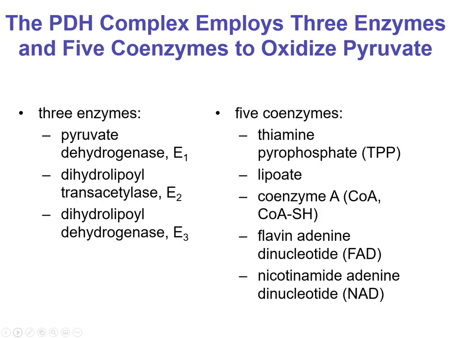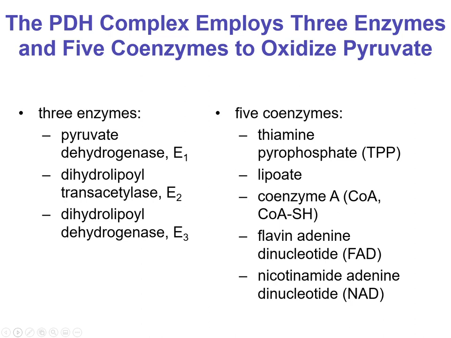So here are the enzymes that are involved. We've got pyruvate dehydrogenase, which is E1, and that's the one that uses TPP. We've seen this decarboxylation reaction before. You should be able to draw that. Then we have E2, which is the dihydrolipoyl transacetylase. And then we have the third enzyme, E3, which is another dehydrogenase.